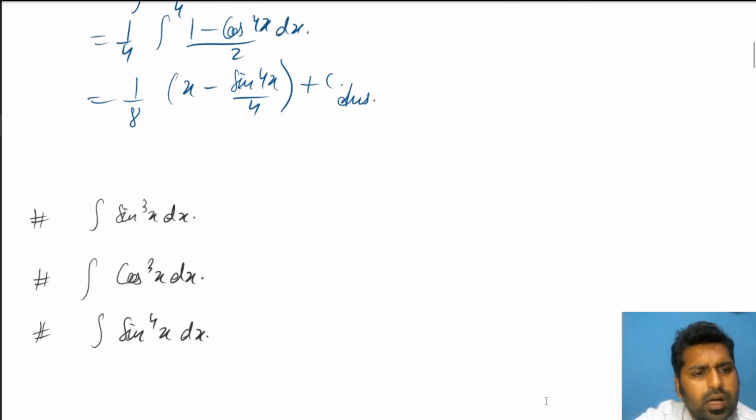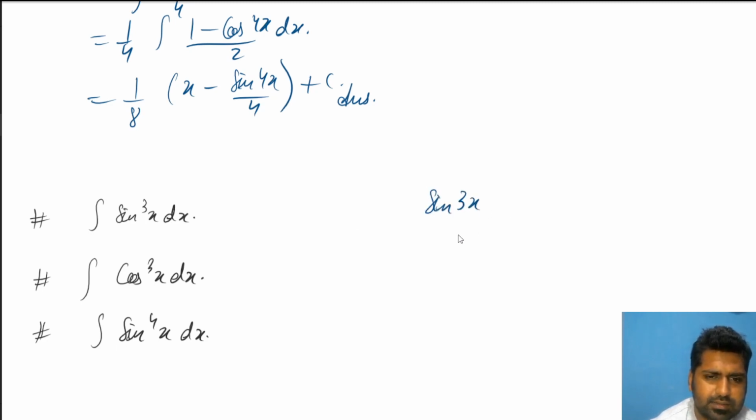All right. Now how to integrate sine cube cos cube, and then we'll go to the power of 4 also. But let's see power 3. Power 3 has a unique idea. The idea is, where have you seen cube in any identity of trigo? You have seen sine 3x. What is sine 3x? 3 sine x minus 4 sine cube x.